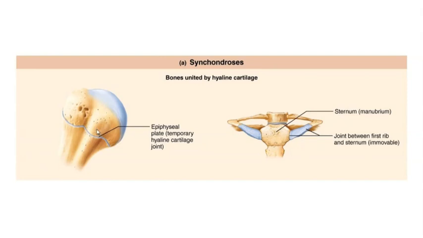One example here on the left is the epiphyseal plate, a plate of hyaline cartilage that exists between the epiphysis and the diaphysis of long bones, and it represents a temporary synchondrosis.